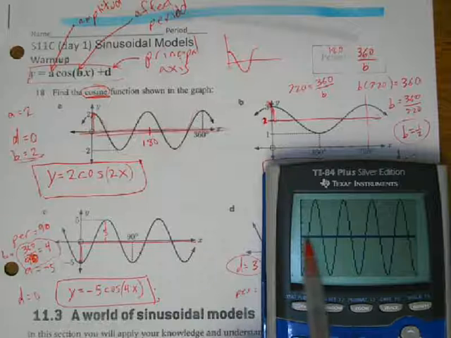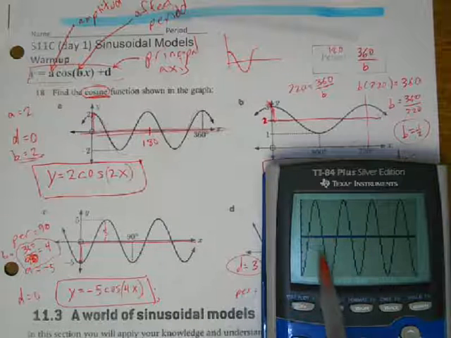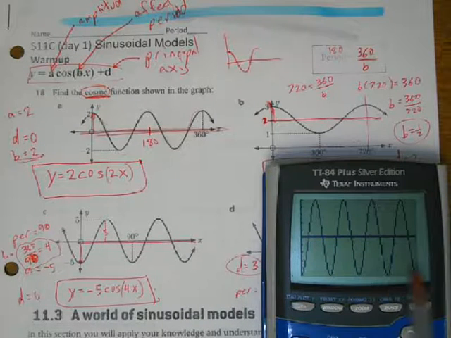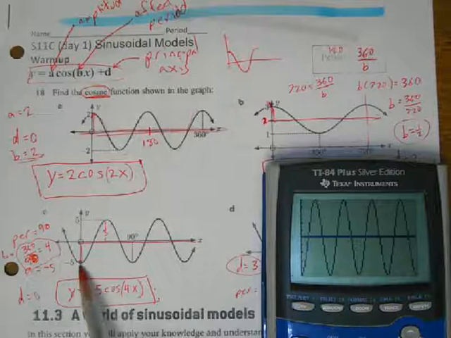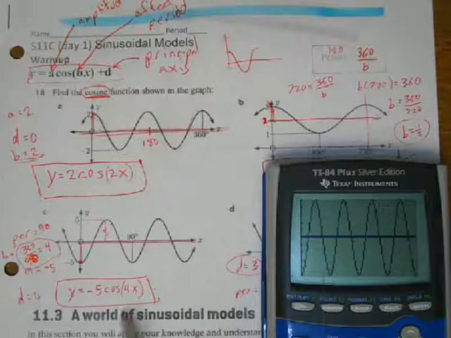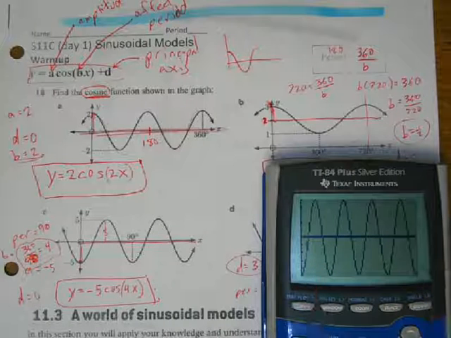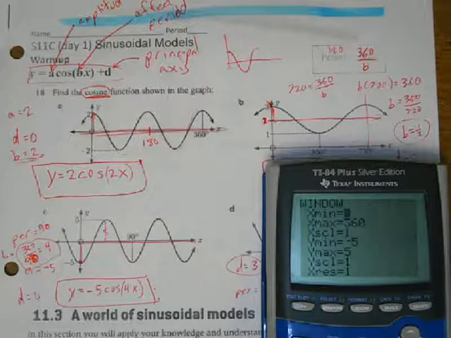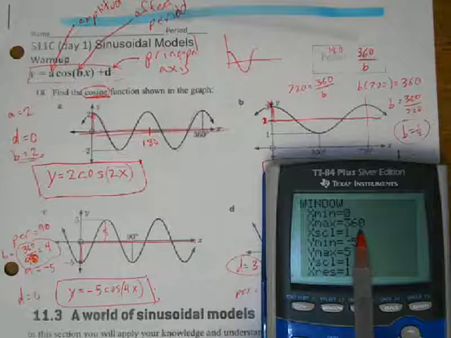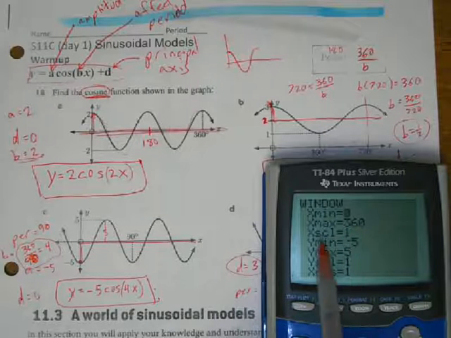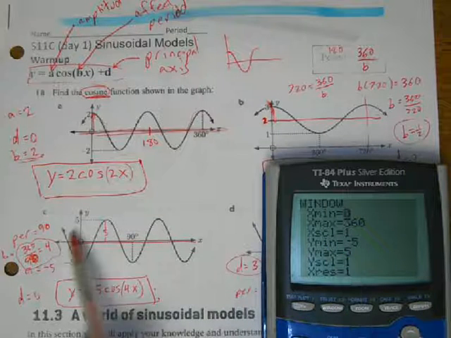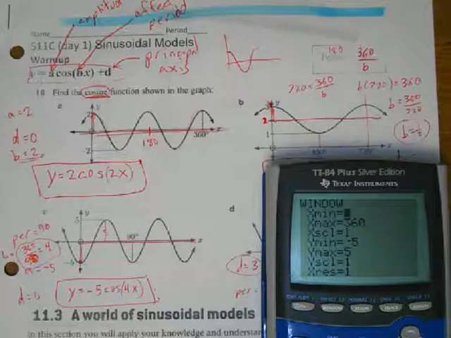And you can see that we've got 1, 2, 3, 4 waves. And notice it starts at the bottom like it does here. So it may not be a bad idea to check your answer on the calculator. Once again, you hit Window, change the X max to 360, and change the Y min and Y max to what you see here. Okay.